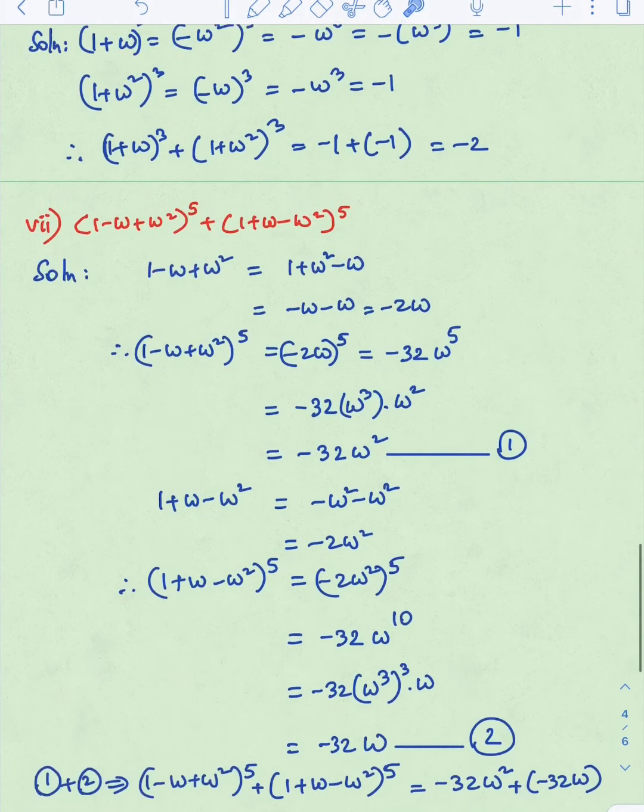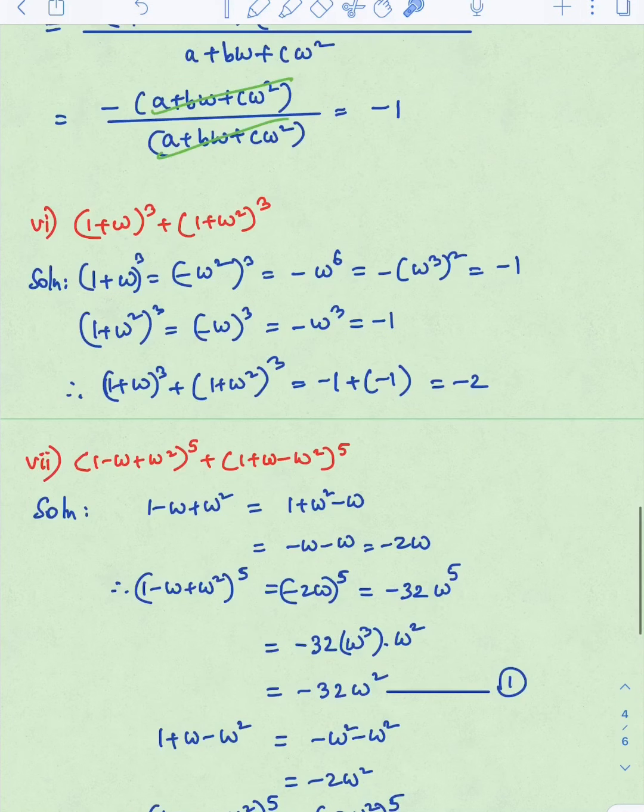Okay. Now fourth, sixth bit. Sixth, this one: 1 plus omega whole cube plus 1 plus omega square whole cube. Here also formulas. 1 plus omega plus omega square is equal to 0.